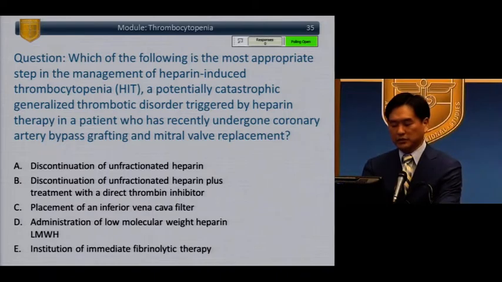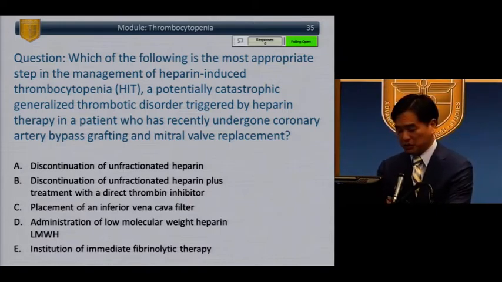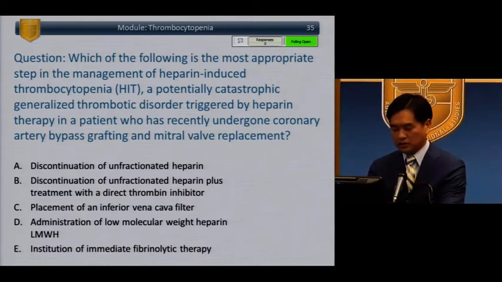A, discontinuation of unfractionated heparin. B, discontinuation of unfractionated heparin plus treatment with a direct thrombin inhibitor. C, placement of an inferior vena cava filter. D, administration of low molecular weight heparin, otherwise known as LMWH. E, institution of immediate fibrinolytic therapy. Polling is open, and 5 seconds.